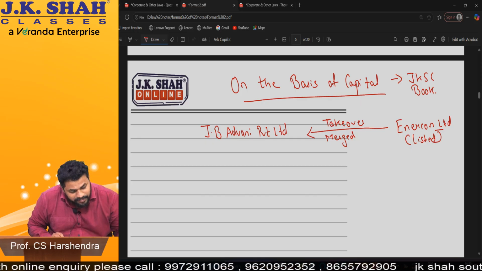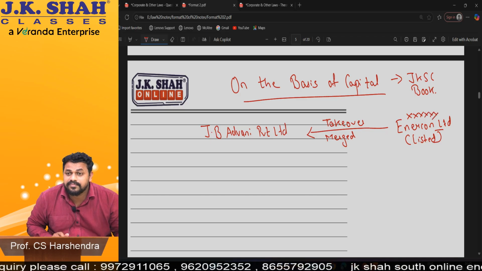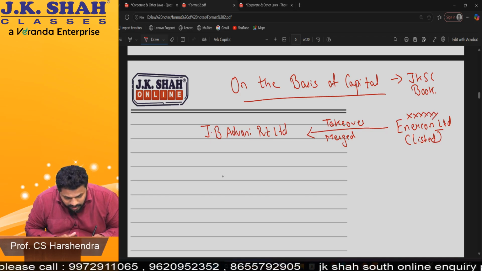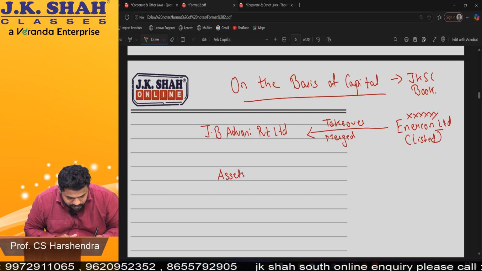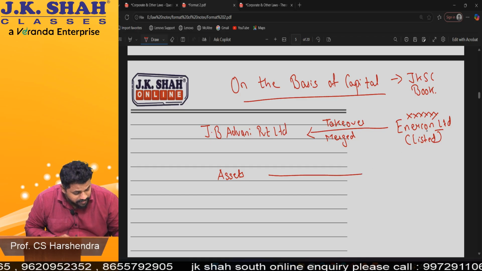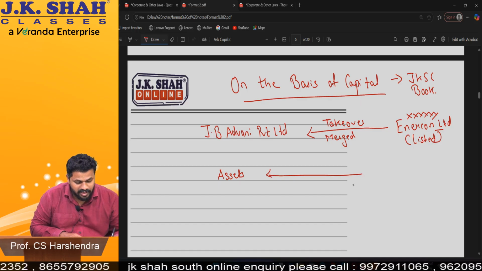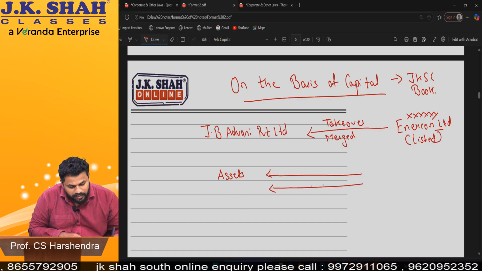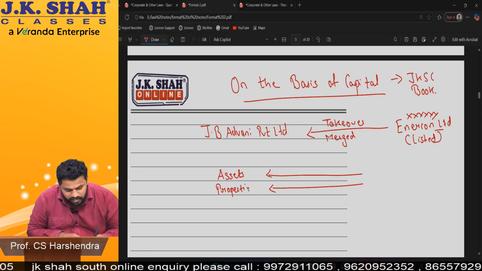Now Enercon Limited got merged, so Enercon Limited does not exist now. So all the assets of Enercon will become assets of whom beta? JB Advani. All the properties of Enercon will become properties of whom beta?